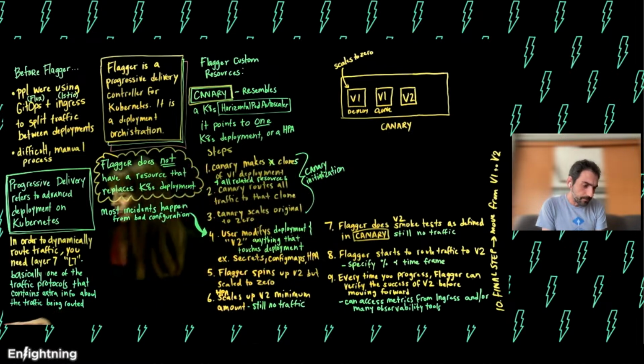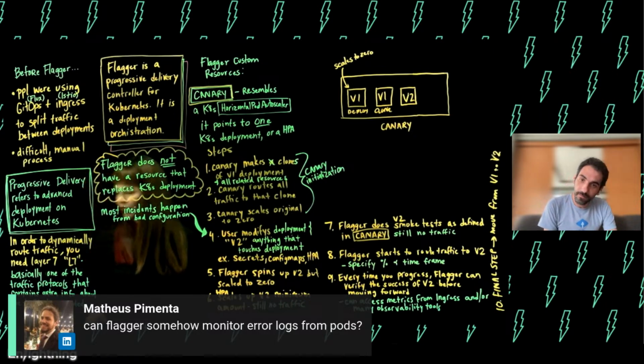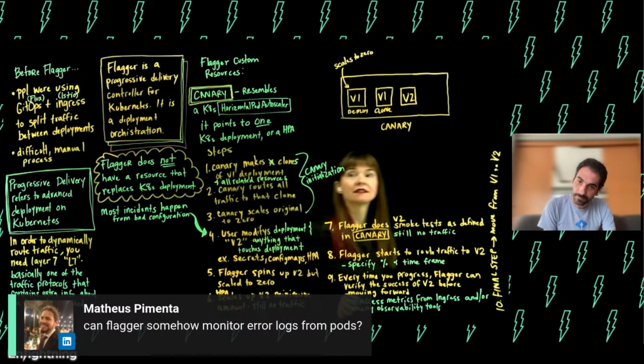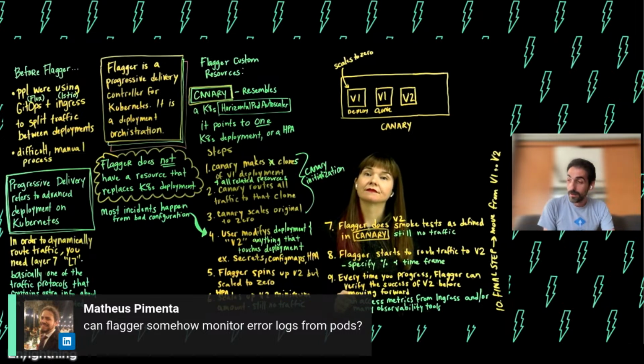And then our next question is, can Flagger somehow monitor error logs from pods? It can if you expose the error logs as a metric. Of course, Flagger will never exec into a pod and look at all the logs and parse the logs.